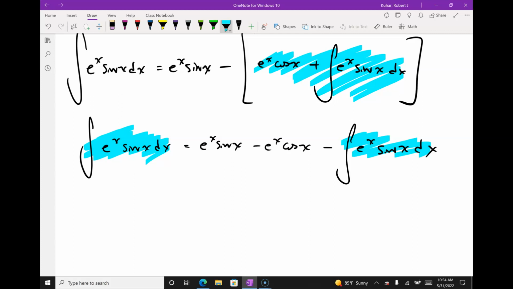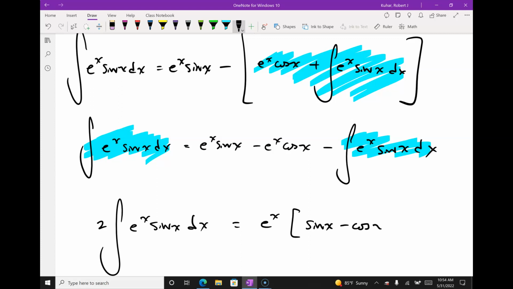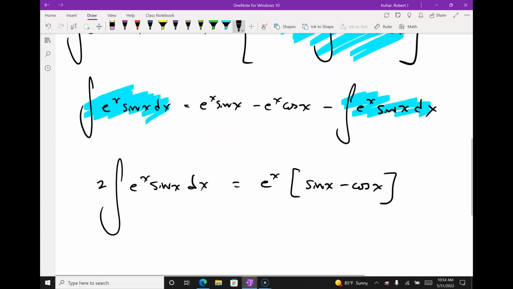So what I'm going to do is take that term on the right and add it to the left side. So I'm going to get 2 times the integral of e to the x sine x dx. Make sure you agree with me there. Right?